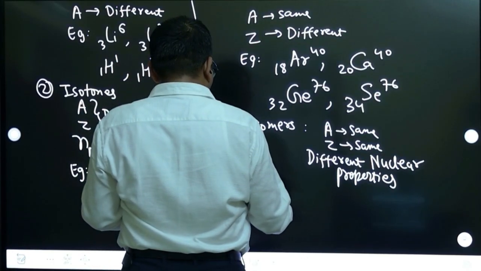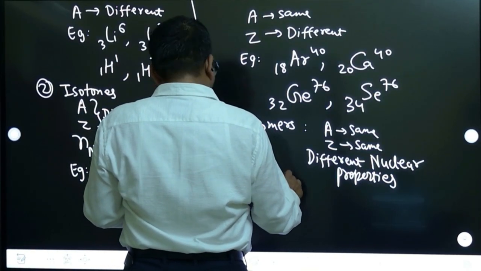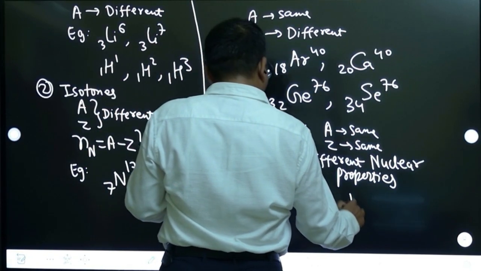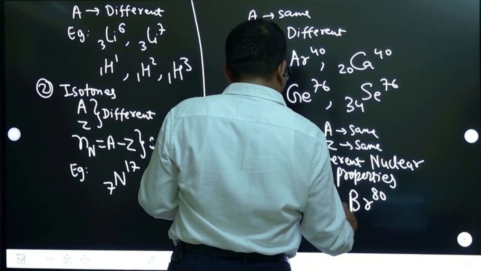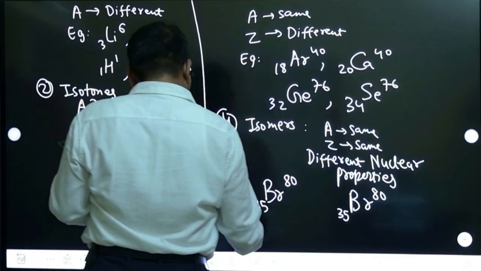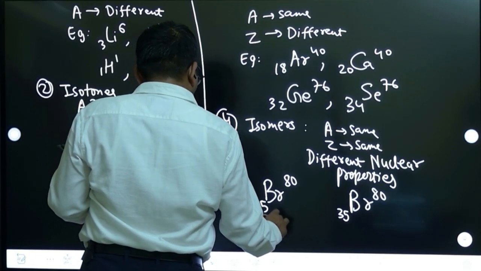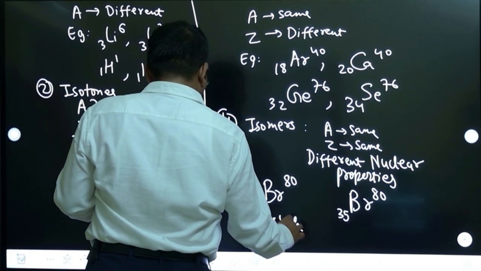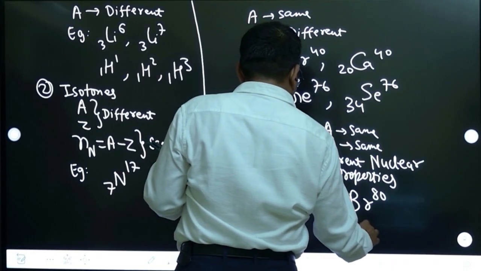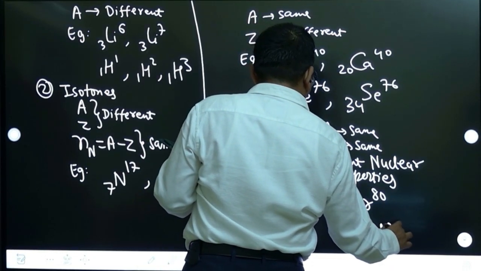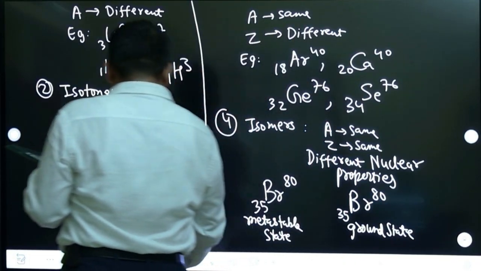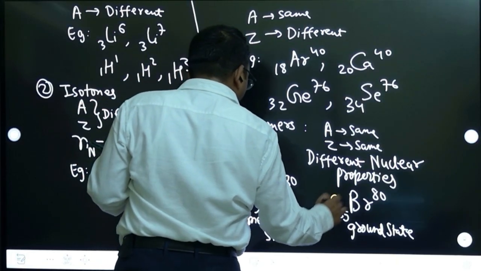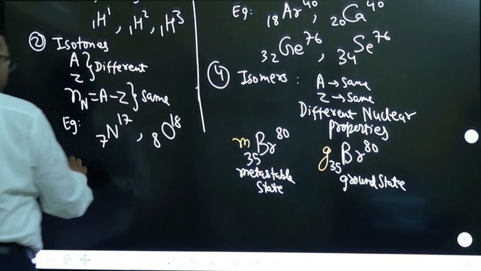Example, bromine, which has 80 35, and another bromine also the same. Then what is the difference? This is metastable state, and this is ground state. How do we know? We have to represent by different symbol, by putting M here and putting G here. G means ground state, M means metastable state.